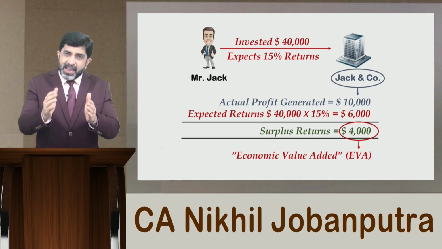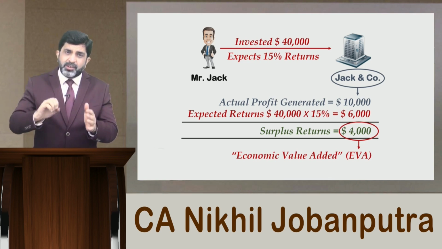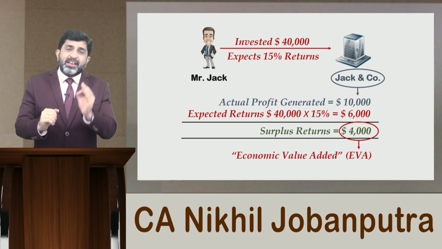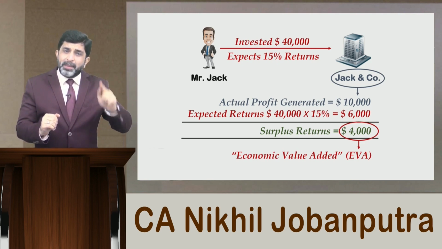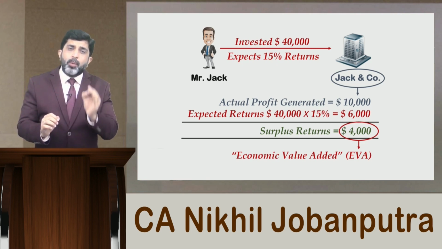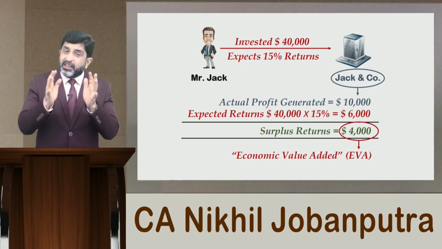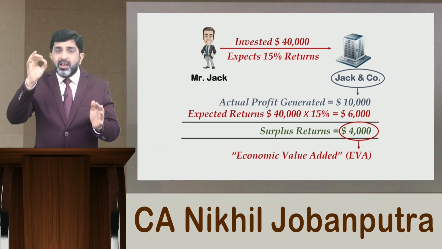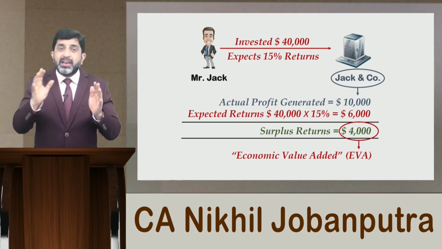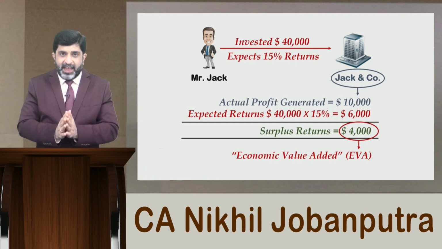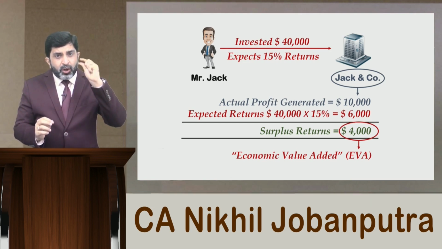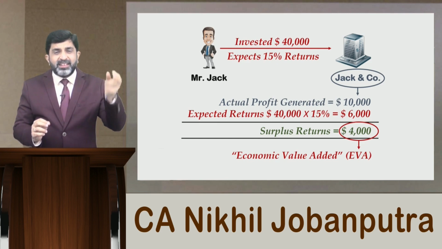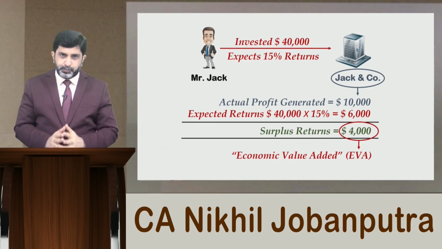So from EBIT, when you remove the tax component, you arrive at net operating profit after tax, NOPAT. So it is not simply the net profit after tax, but net operating profit after tax, which indicates very clearly that the component of interest on borrowed funds is included therein.